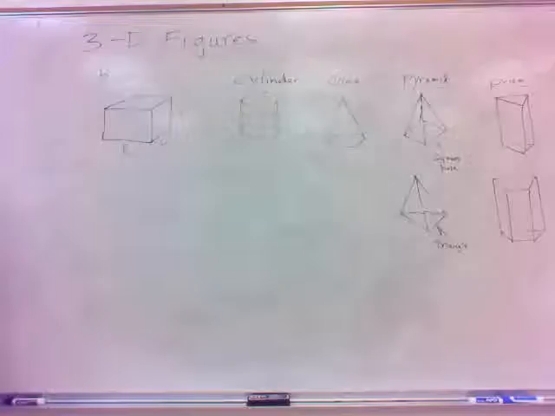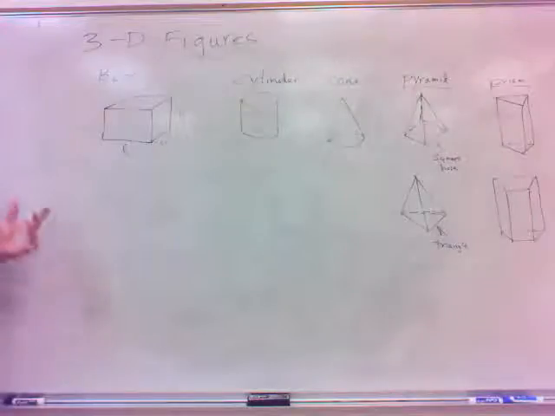Now, two things that we'll talk about when we measure a box, cylinder, and the three-dimensional figures there. One thing you want to know or can possibly calculate is how much each one holds.